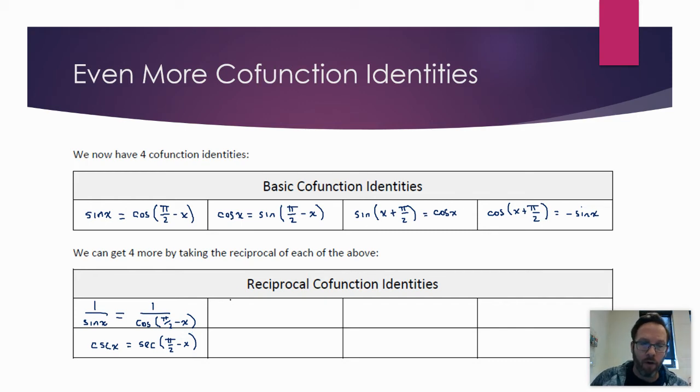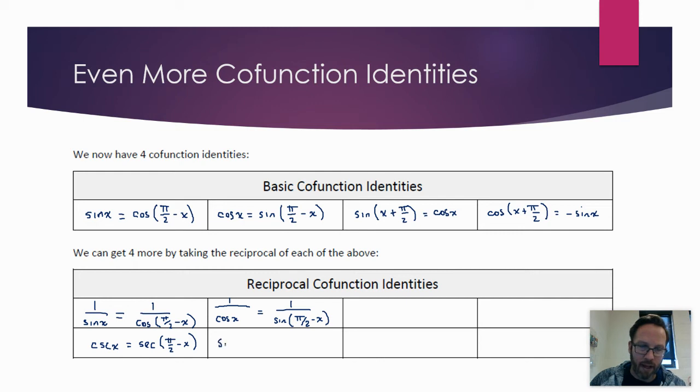I might show my work for this next one, and then for the final two, I might leave them as an exercise for you guys, to try those on your own. So 1 over cosine x equals 1 over the sine of pi by 2 minus x.